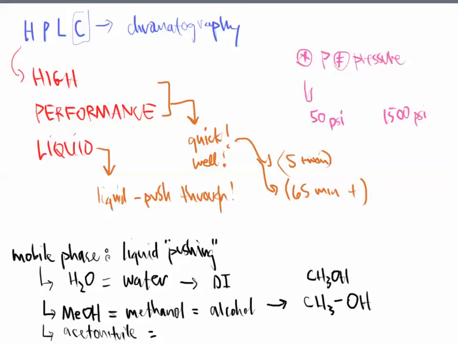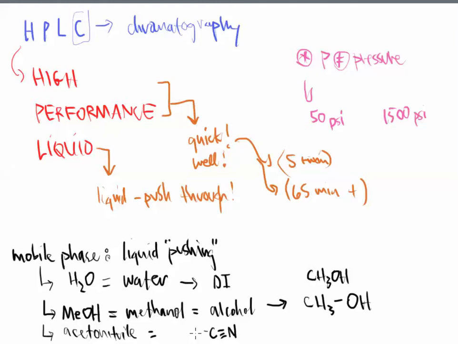Acetonitrile is an organic compound, and a nitrile group is a carbon with a triple bond to N. That's the nitrile. Sometimes people call this cyano. The word acet, A-C-E-T, in chemistry means two carbons.